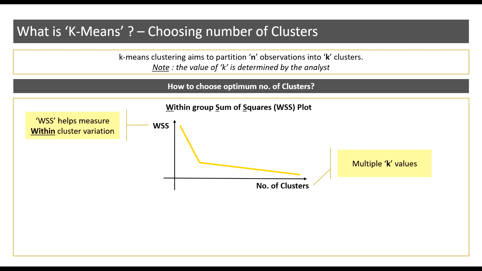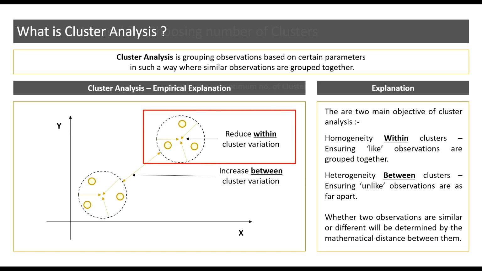Now, what does the Wss value help measure? Well, the Wss value helps measure the amount of variation within a particular cluster. Recall from our last video that one of the main objectives of cluster analysis is to reduce within cluster variation, as highlighted in red here.